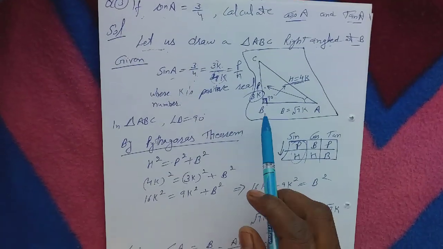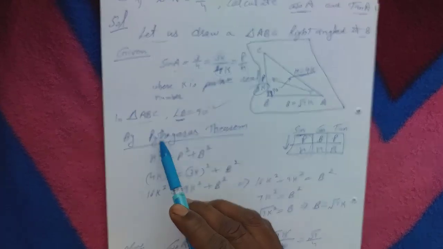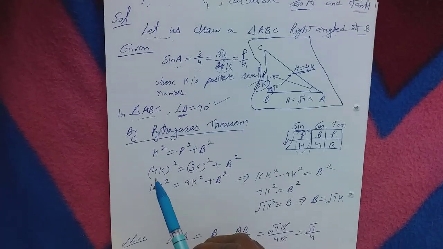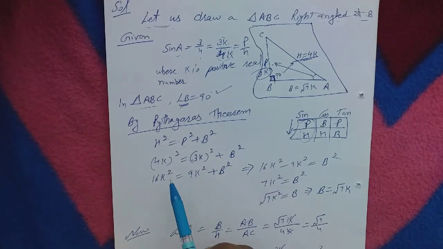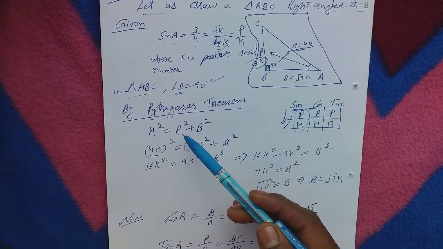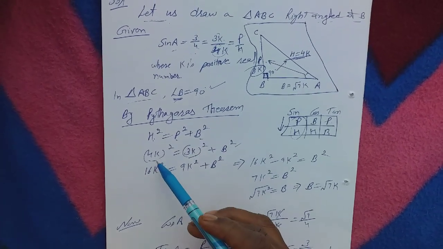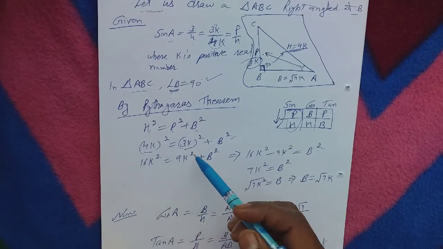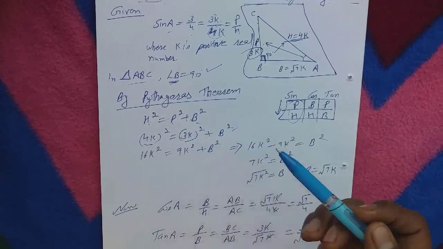So the triangle is right angled, with 90 degrees. So we will use the Pythagoras theorem. We know H square equals P square plus B square. You very well know this. Now put in the values. H is 4k, perpendicular is 3k, base as it is. So the square of 4k is 16k square, and the square of 3k is 9k square.